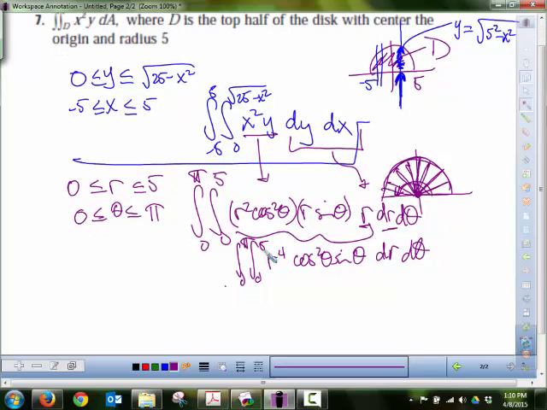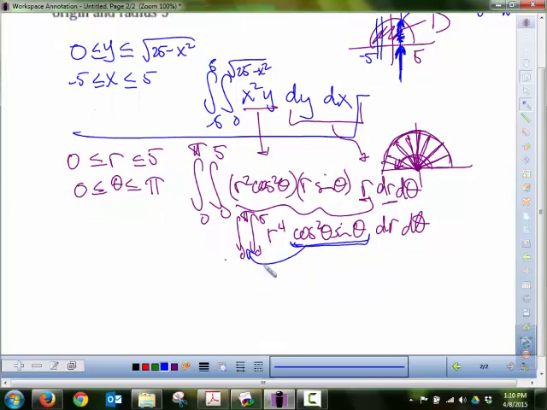Now, if I decide I'm going to integrate with respect to r first, anything with a theta is constant, right? So I can take this cosine squared theta times sine theta and move it outside of the first integral because it's constant with respect to r.